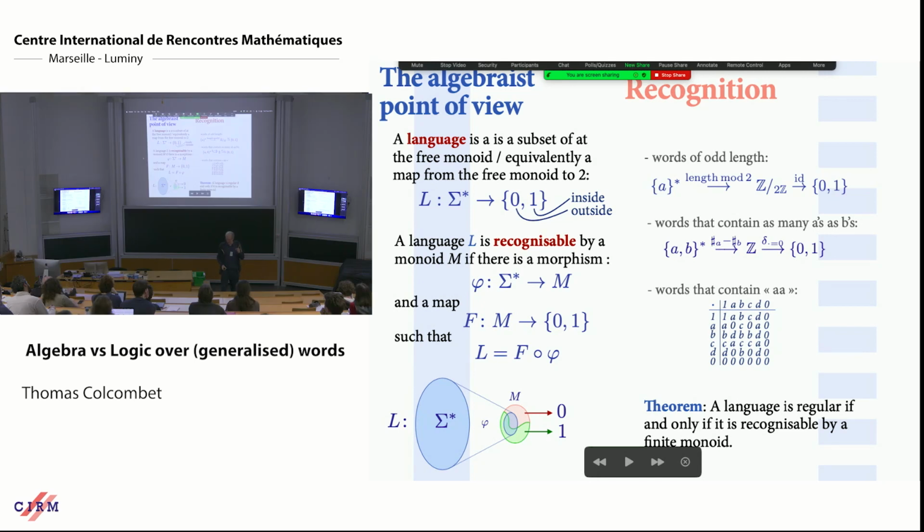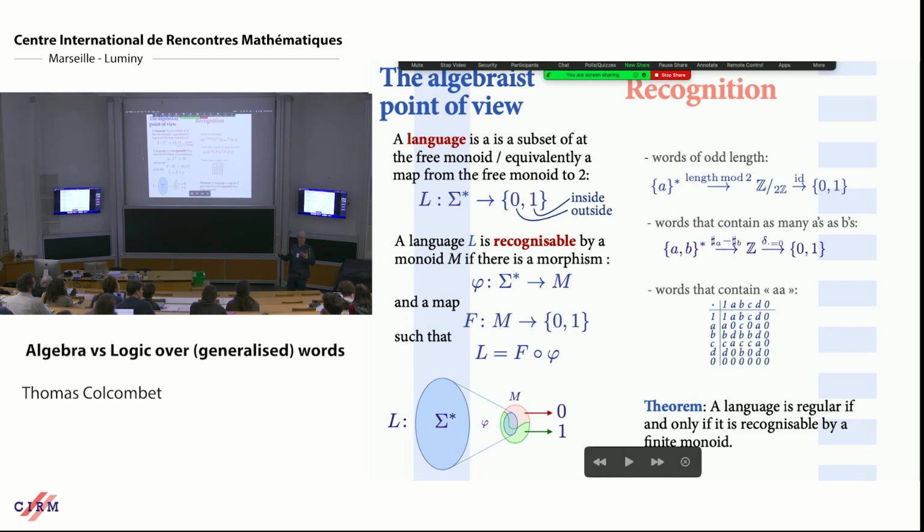So the key result here is that this notion of recognition corresponds to the notion of regularity, which was introduced before, using, for instance, automata. I don't want to introduce automata at all in this talk, but I can just phrase it in 1 second. If you have an automaton and you look at a word, you can gather all the information about the possible transitions. For instance, there is a run from state P to state Q over this word. And once you have gathered all this information, this is one element in the monoid.